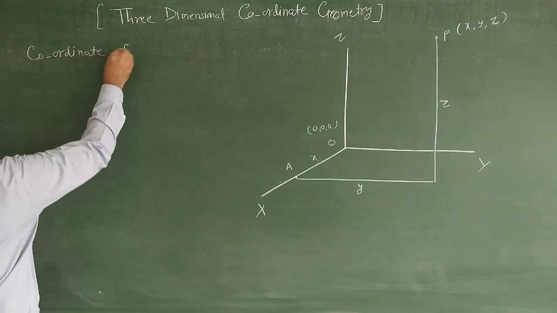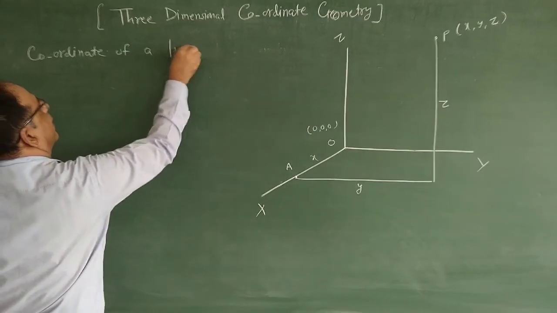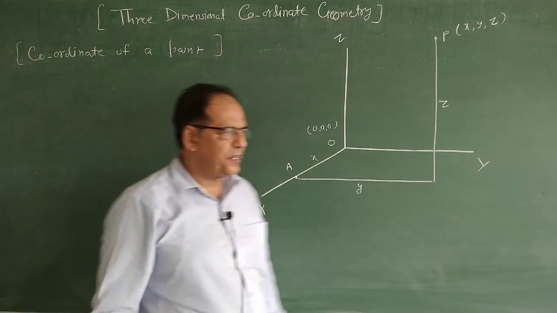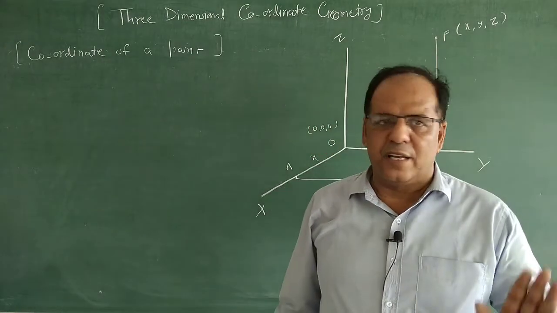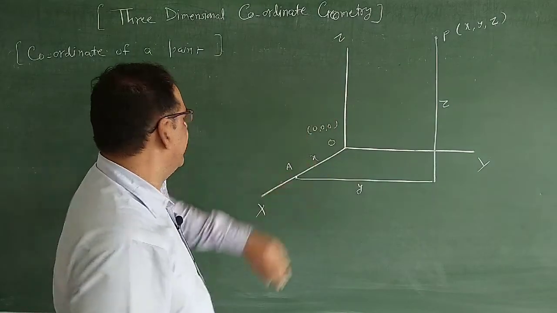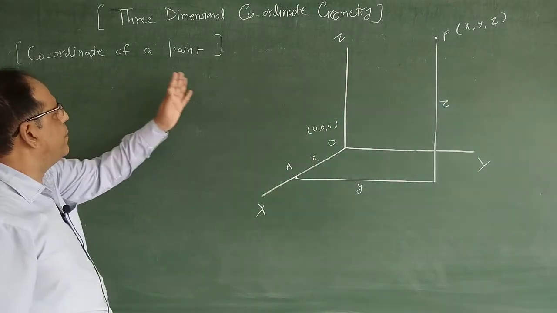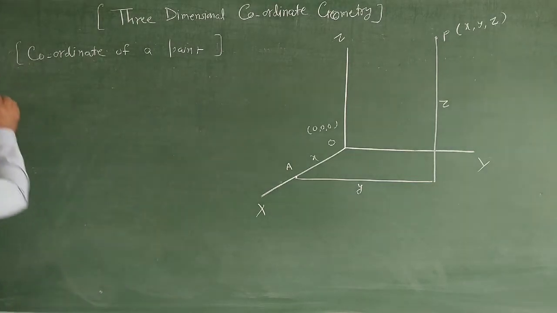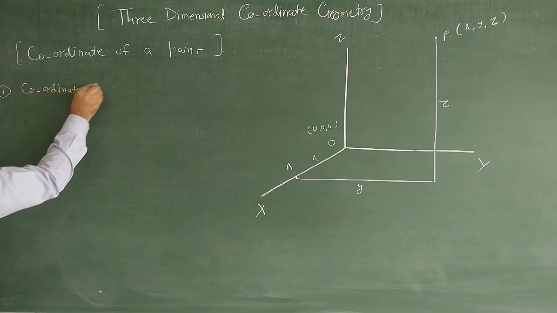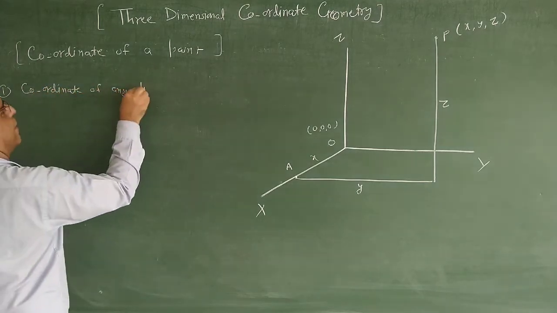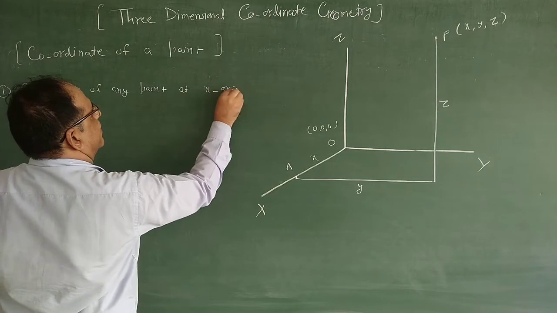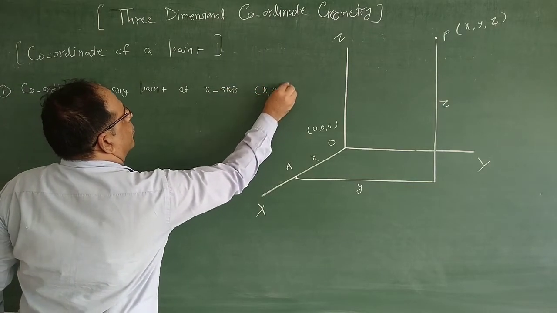Coordinates of a point. Whenever we discuss coordinate geometry in three dimensions, there are three mutually perpendicular axes: one is x, second is y, and third is z. If we want to take the coordinates of any point, how can we select them? The coordinates of any point on the x-axis are x, 0, 0.